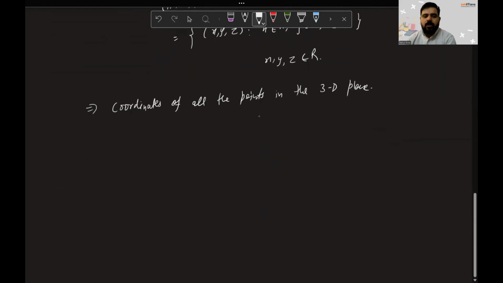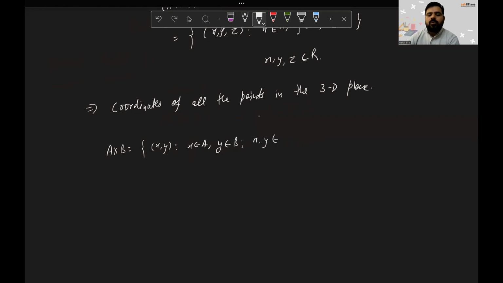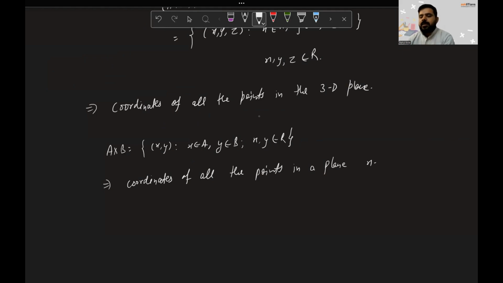Similarly, if we had A cross B, and this was some x comma y, where x belonged to set A and y belonged to set B, and x and y both came from the set of real numbers, then this will represent the coordinates of all the points in a plane, specifically the xy plane this time.